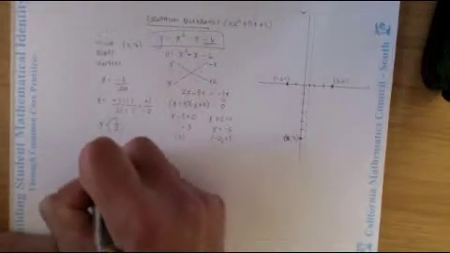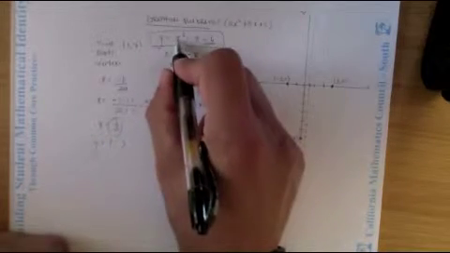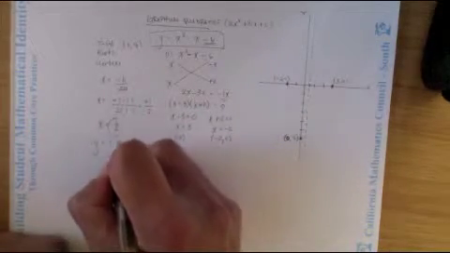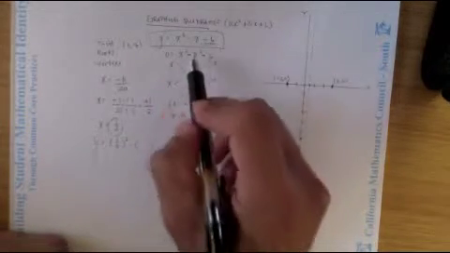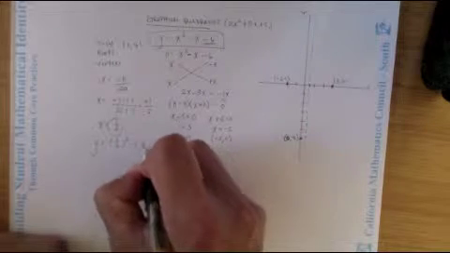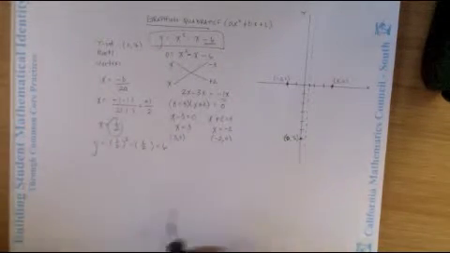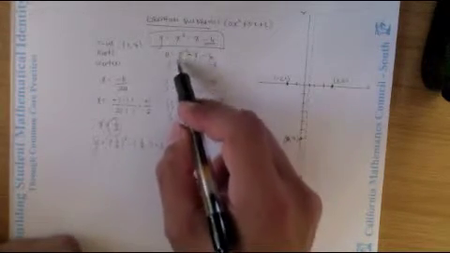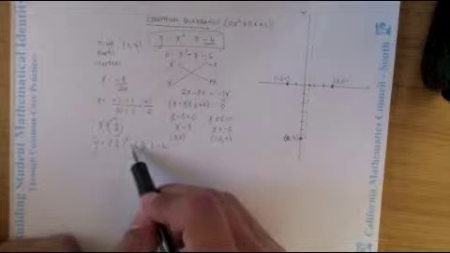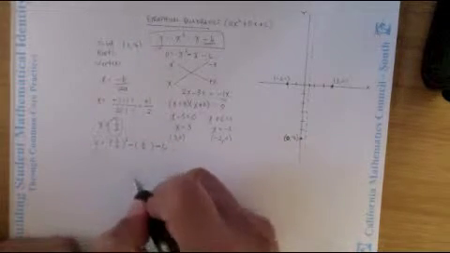So I have y equals, instead of x, I will put my 1/2, minus, instead of x, put 1/2, and then minus 6. Now it's very important you put parentheses around the x, because that helps us with the symbols outside, so we don't get confused.